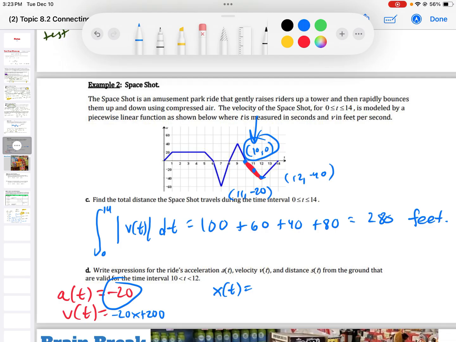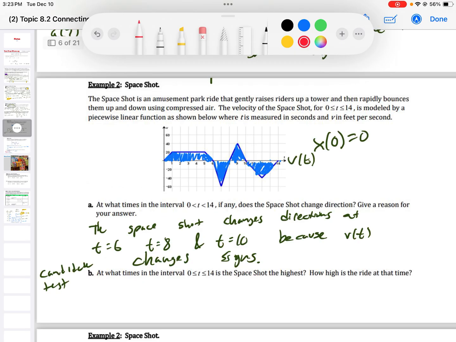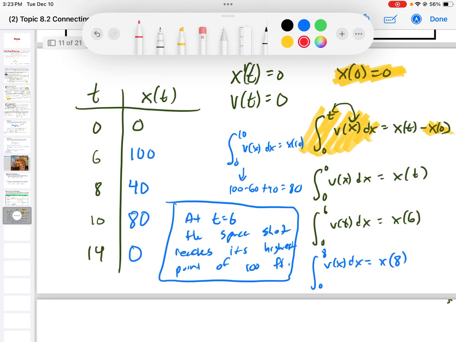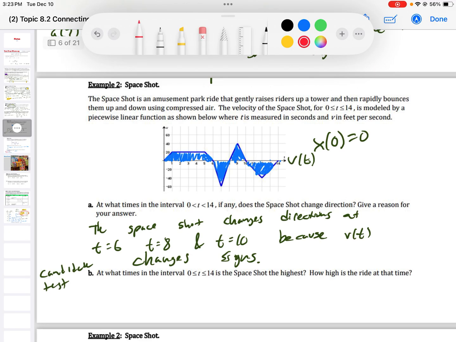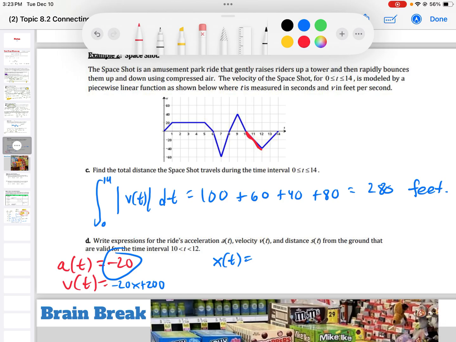Okay, the x of t. Okay, this is the super tricky one that I'm not looking forward to trying to explain. Well, we're going to try it. All right, x of t. We're going to use a similar idea of this right here, right? If I integrate the velocity from some point to any value of t, that would be an equation, fundamental theorem of calculus.